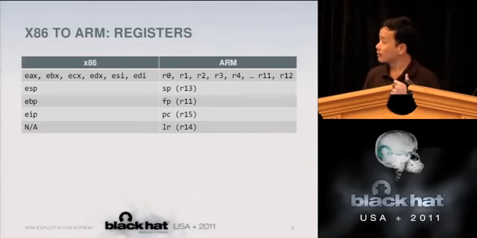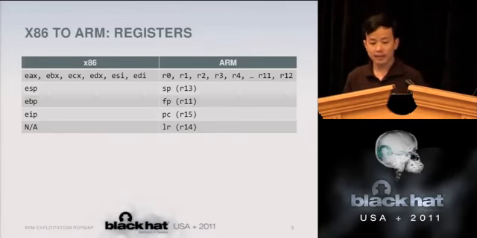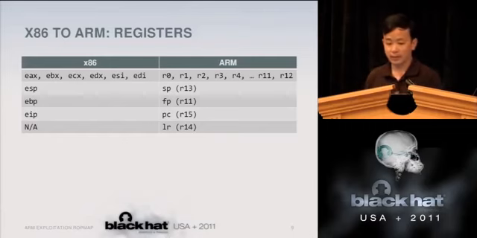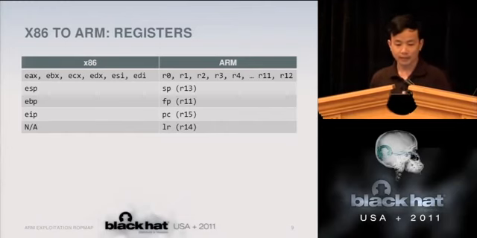For the frame pointer EBP, the equivalent in ARM is FP, and there is another register that is not available in x86, the link register, which will contain the return address when calling a function.